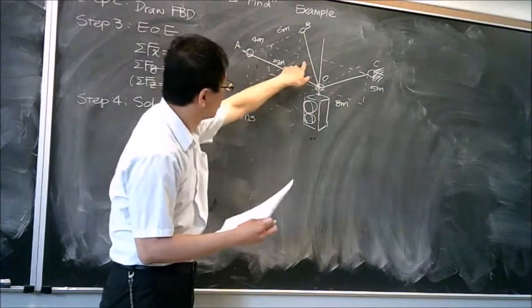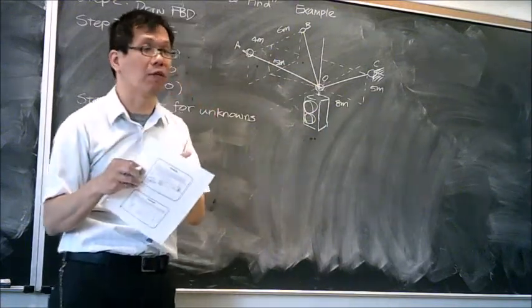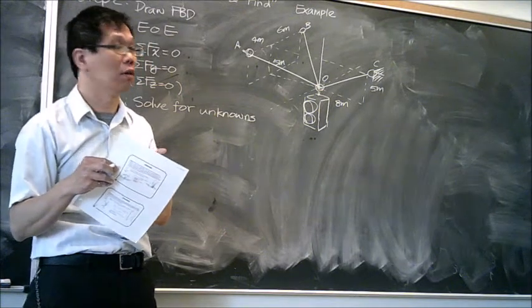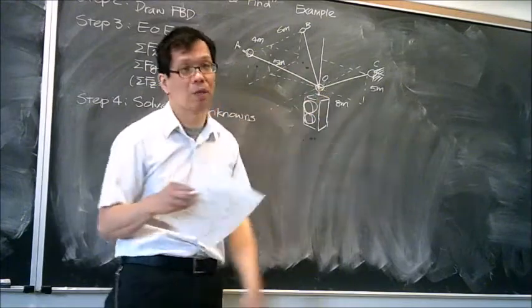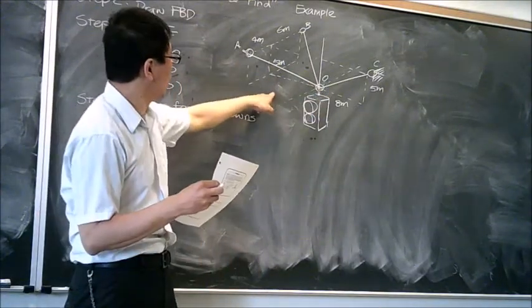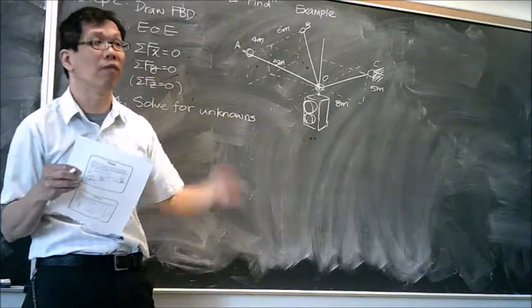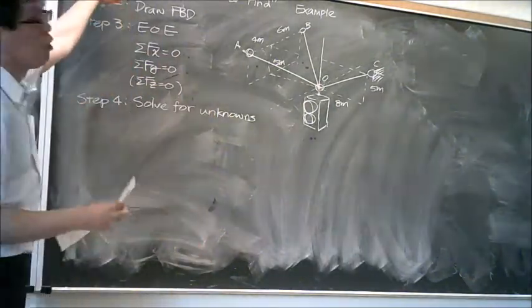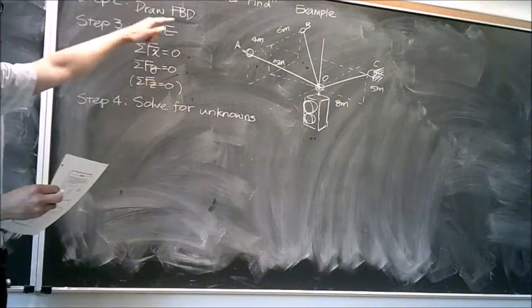This cable, and this cable. Keep in mind, in this case, it's a little different from the problem we solved earlier. This cable is different from this cable, which means TOA, TOB, TOC are all different forces. I'm going to follow the procedures over here and solve the problem.